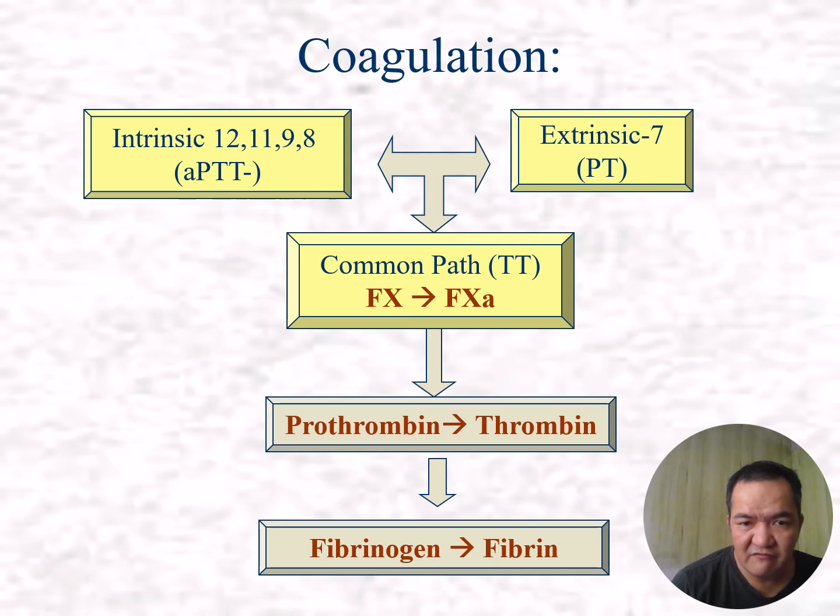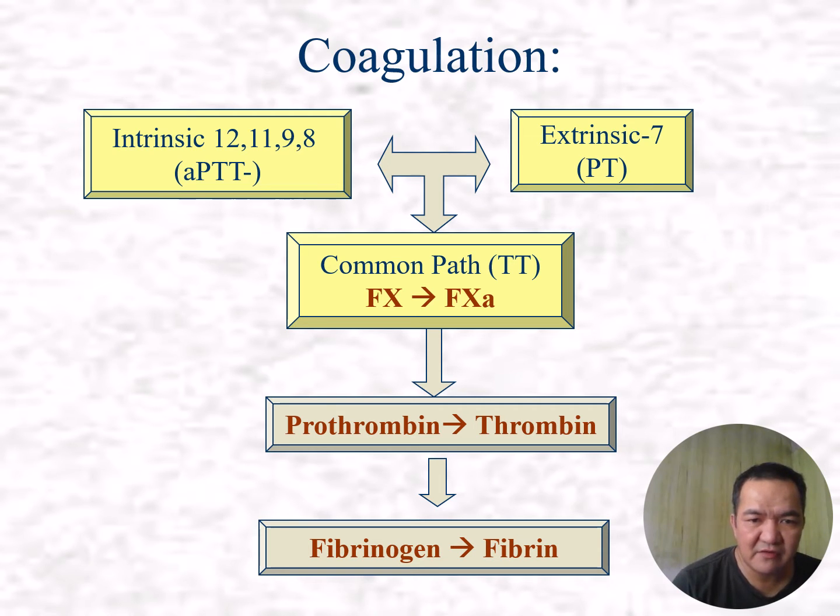Those are the clotting factors in proper order that are activated in the intrinsic pathway. It starts from clotting factor number 12, 11, then 9, then 8. Then for the extrinsic pathway, it is only clotting factor number 7.